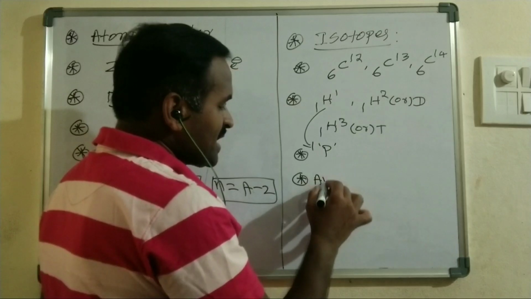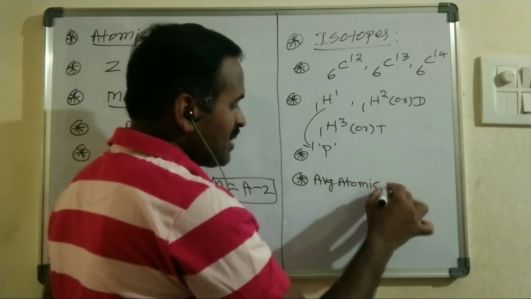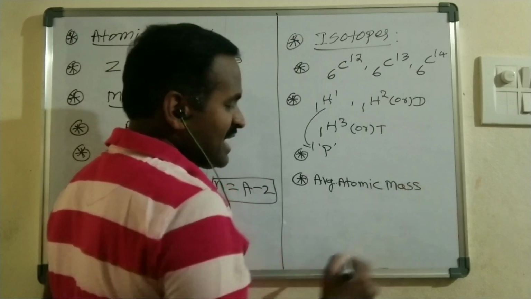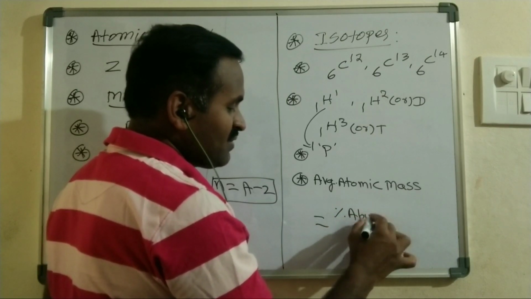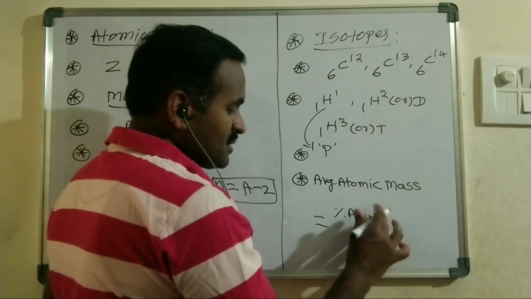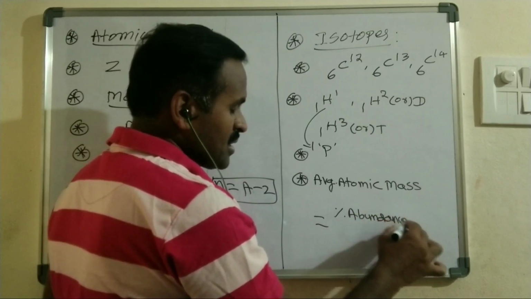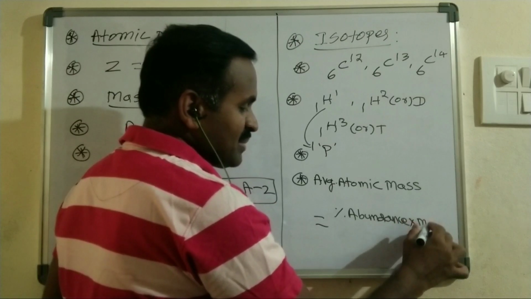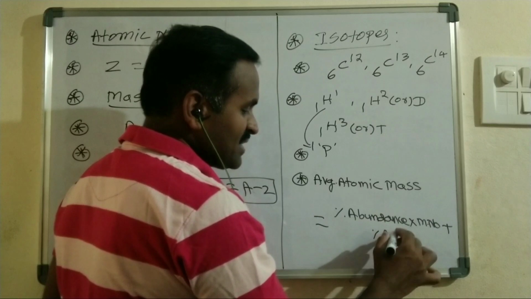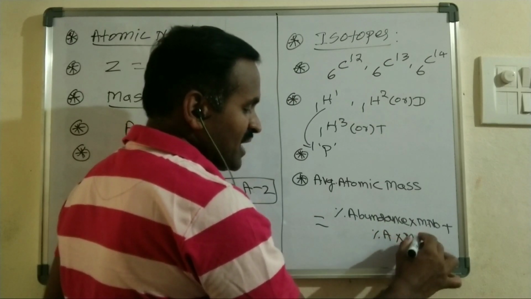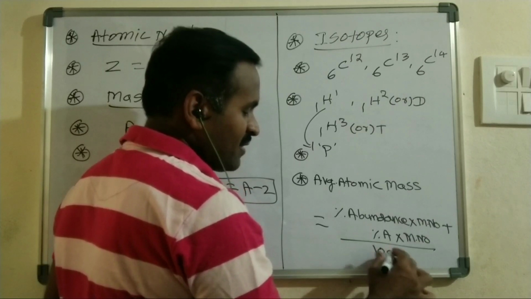Here average atomic mass is equal to the percentage of abundance of one isotope into its mass number, plus in the same way the percentage of abundance of another isotope into its mass number, whole divided by the total percentage, that is 100, right?